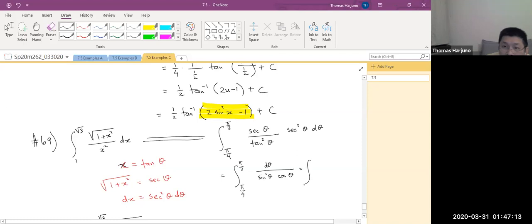I try to see that from a cosecant cotangent point of view. I wonder if it is doable. It's cotangent squared theta, cosecant cubed. I wonder if it helps. No, I don't think so either.